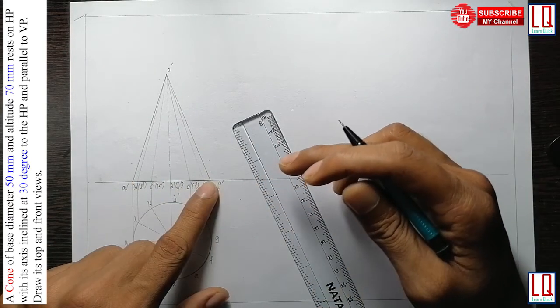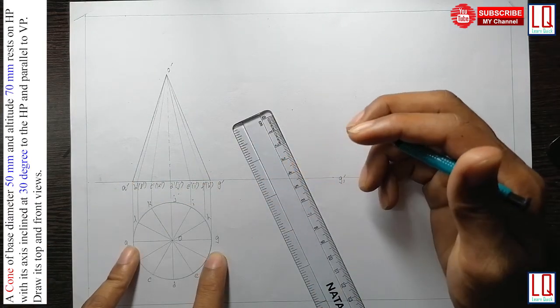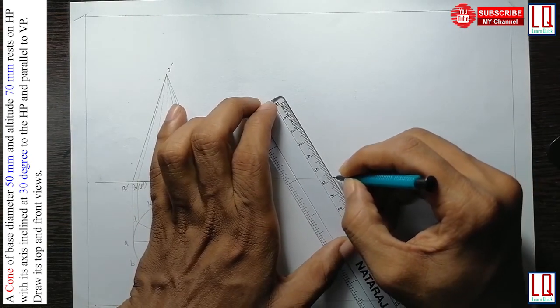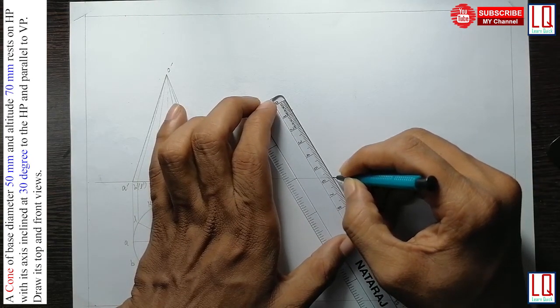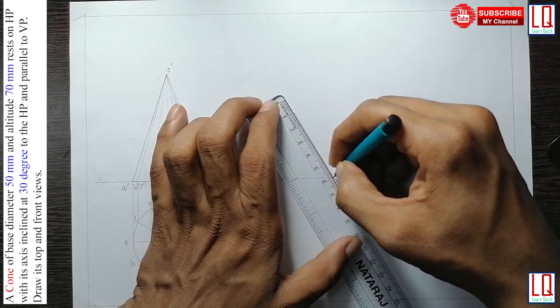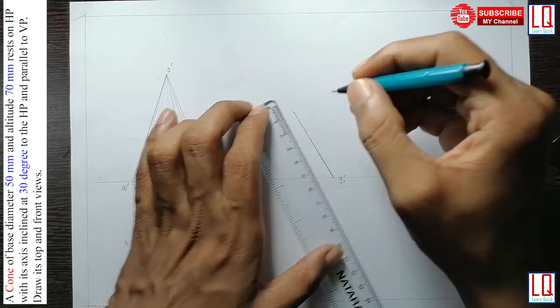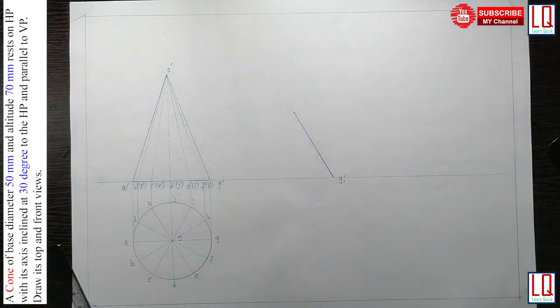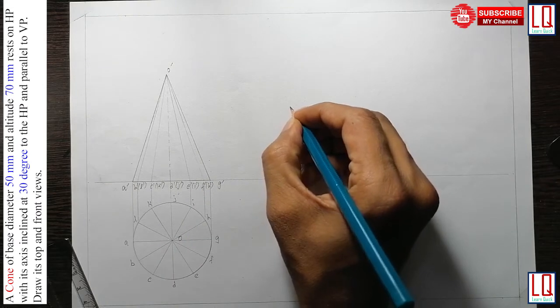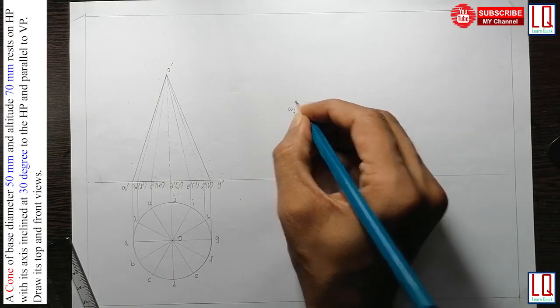A dash to G dash is nothing but the diameter of this circle, which is 50 mm. So for 50 mm I am going to draw a line. This is my base A dash G dash, and this point is A1 dash.